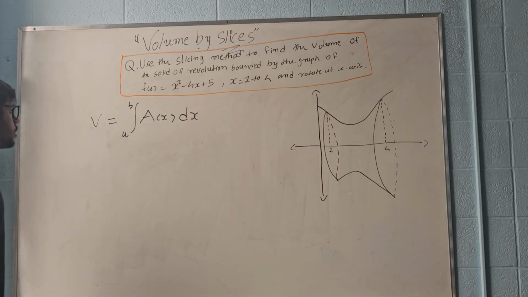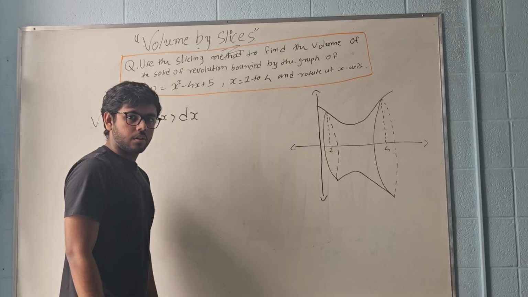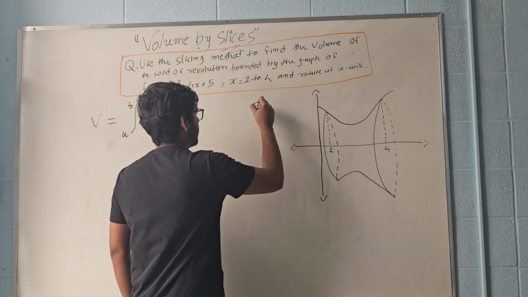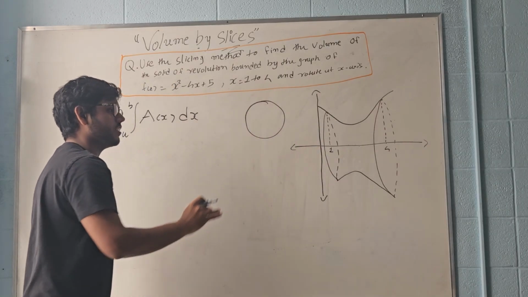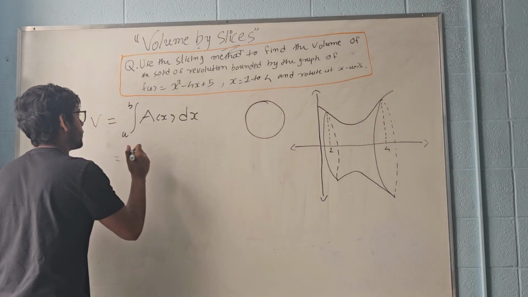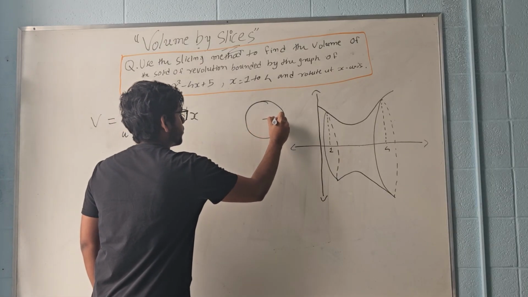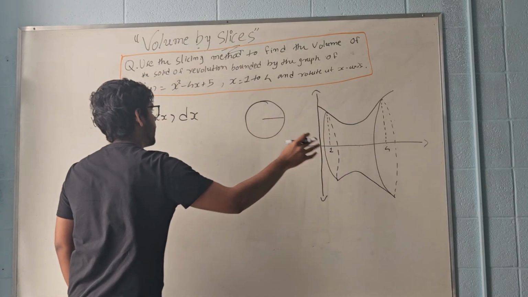What is the cross section in our case? Of course, a circle again, right? So this is going to be the easiest problem for us because our cross section is a circle. The area is pi r squared, and r is going to be f of x in our case.